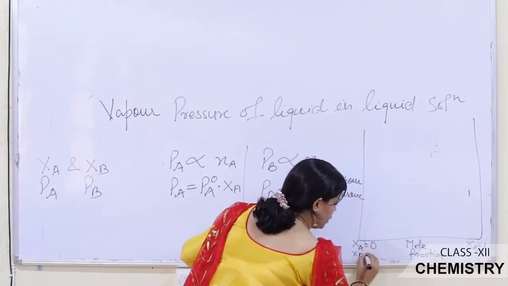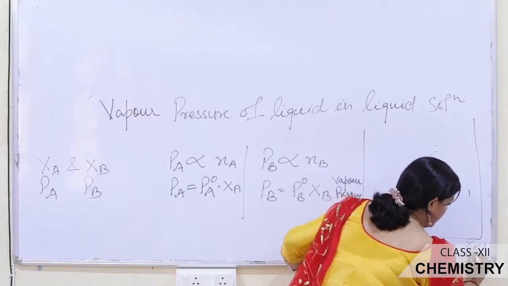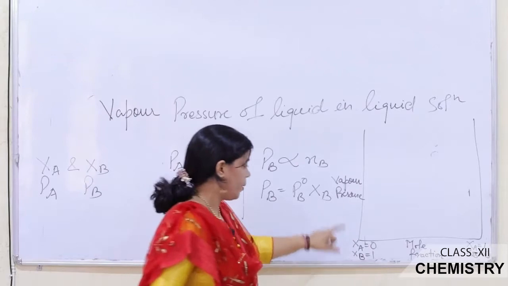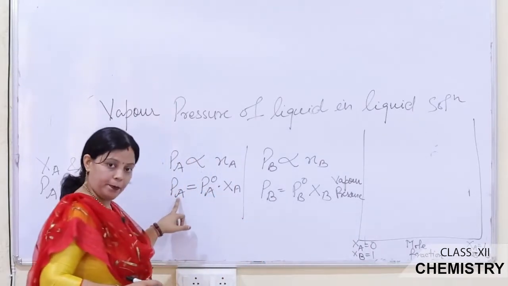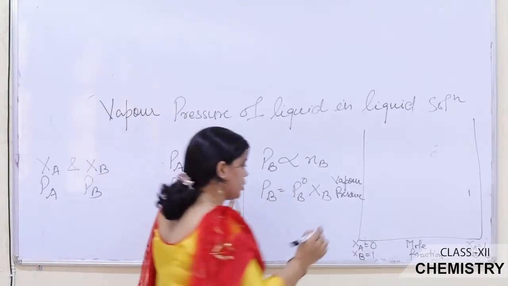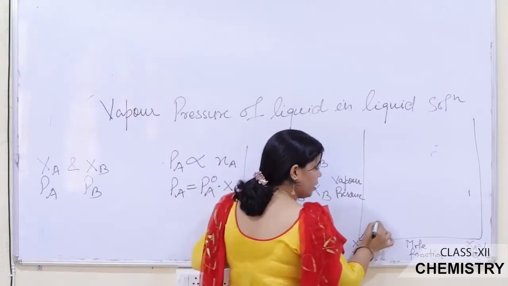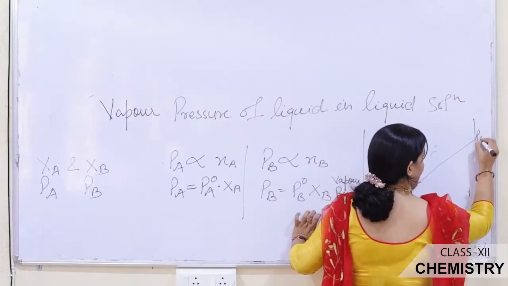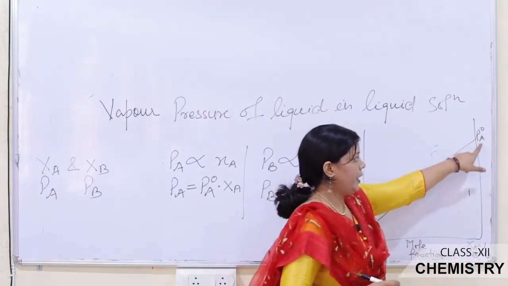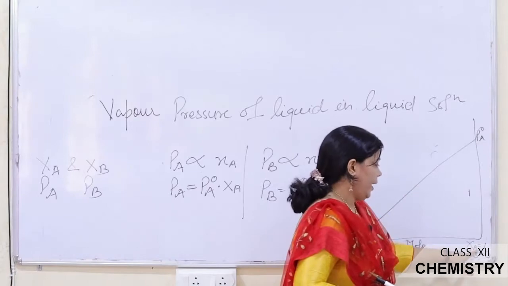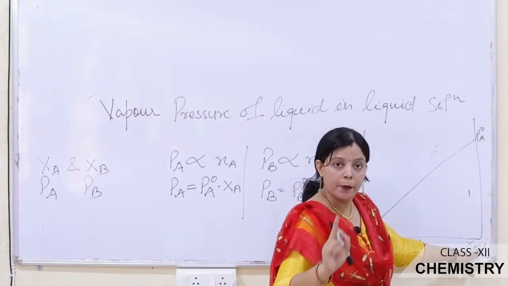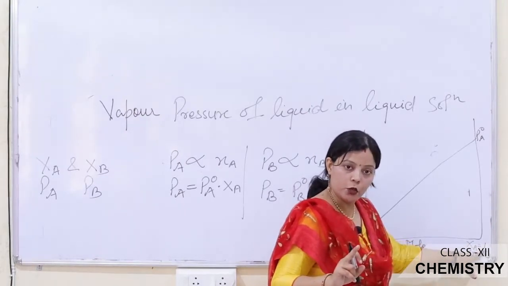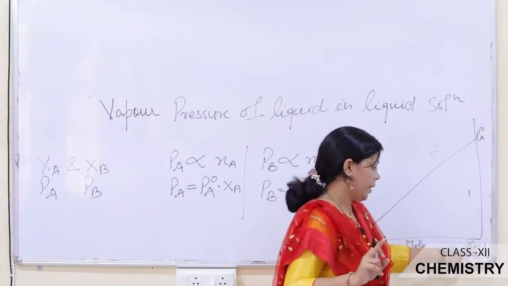Here Xb is equal to 1 and there Xb is equal to 0. When we plot a graph between Pa and Xa, we get a straight line passing through Pa naught. At this Pa naught, Xa is equal to 1, which means the vapor pressure in the solution is only due to component A.